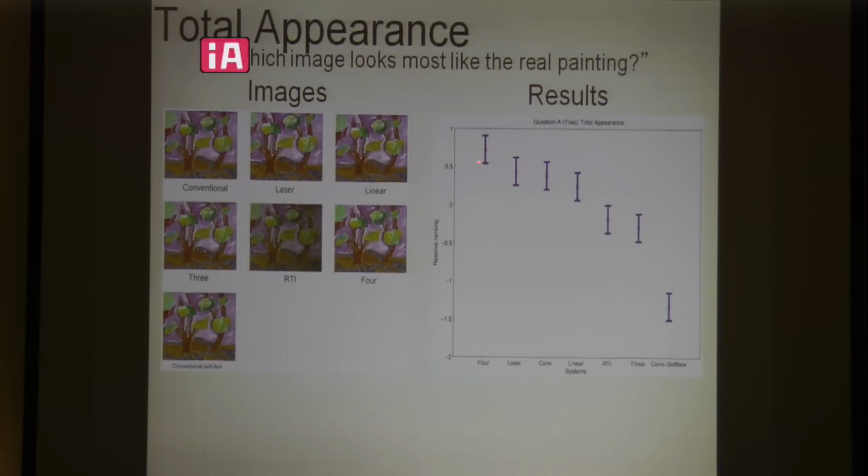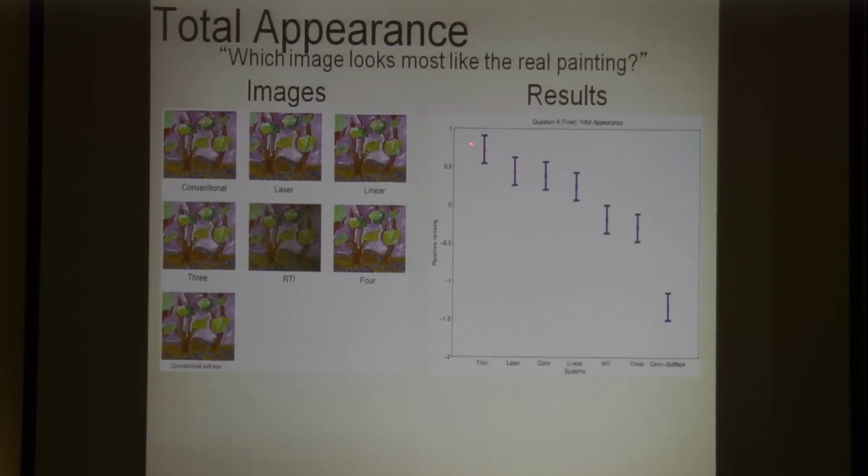And you can see here that what's being plotted is the perceptual result versus each system. These are the averages, and this is the visual uncertainty based on the 25 observers. If the mean value does not intersect the error bars, then there's a statistically significant difference.